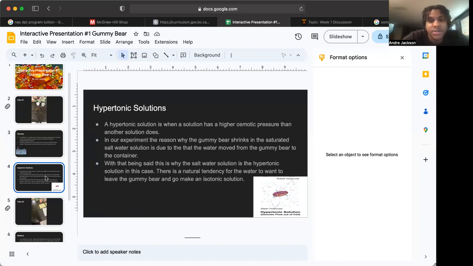In our experiment, the reason the gummy bear shrinks in this saturated saltwater solution is that water moved from the gummy bear to the container, essentially going through the gummy bear.